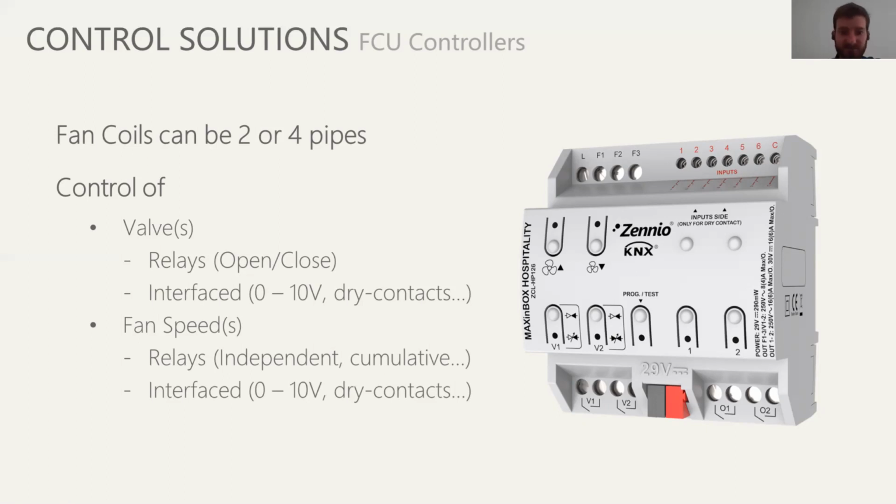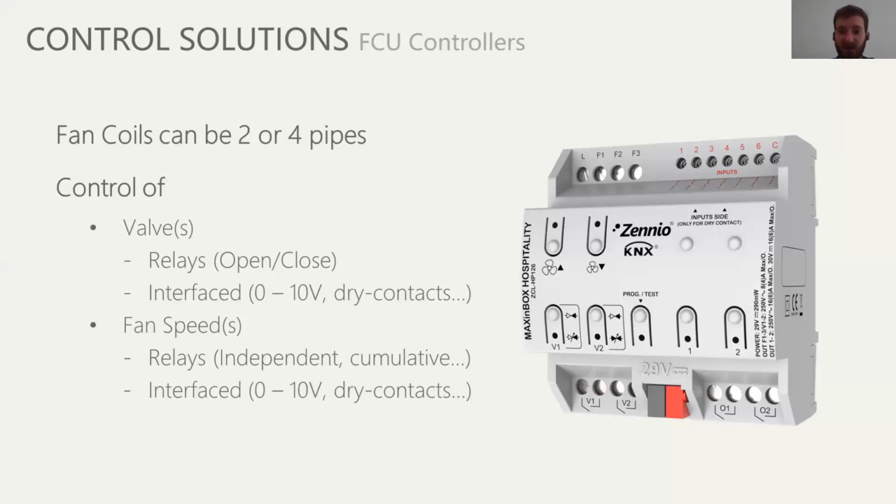And the fan speeds in a very similar way. You can have them controlled by relay, and depending on the fan coil unit, that would be independent relays. So say you have 3 different fan speeds: turn on channel 1, which would be minimum speed, then turn off channel 1, turn on channel 2, medium fan speed, turn off channel 2, turn on channel 3, and that would be maximum fan speed. Or cumulative, and that depends solely on the fan coil unit itself.